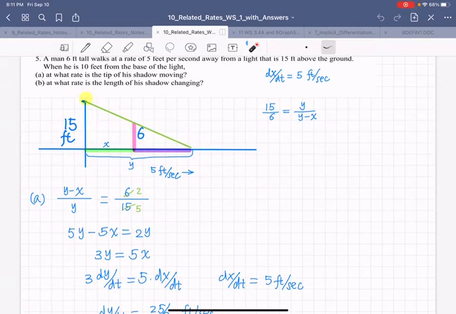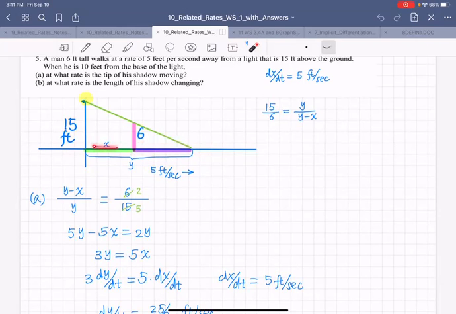Okay. So that's the tip of your shadow. This is the tip of your shadow. This is the pink bar's walking rate. That guy is the length of the shadow.